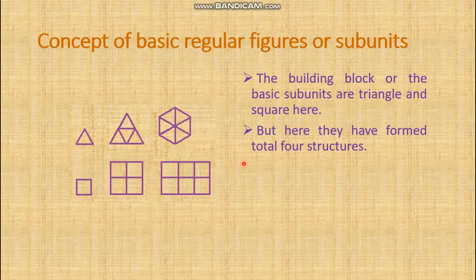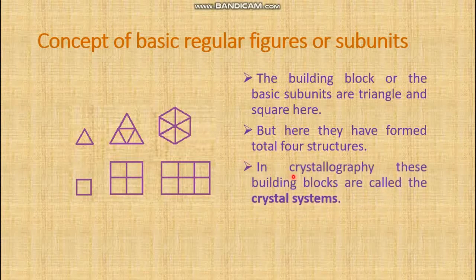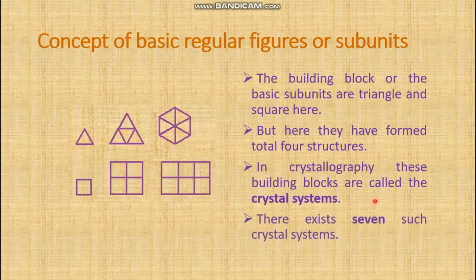Okay, so they have formed overall 4 different structures. Now in crystallography, these building blocks are called the crystal systems. Okay, so these are known as the crystal systems, and there exists 7 such crystal systems which are known as the 7 crystal systems.